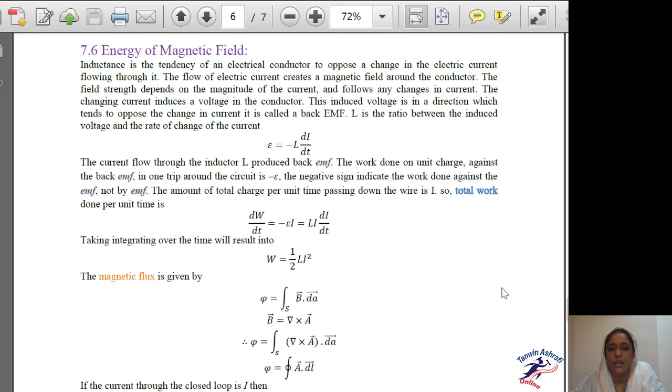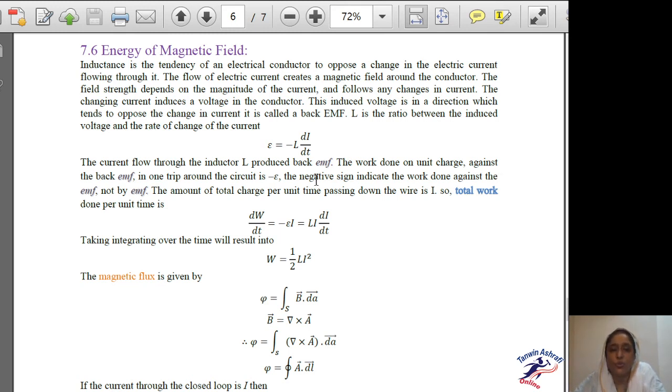Let L, the inductance, be the ratio between the induced voltage and the rate of change of current. That is, E is equal to minus L dI by dt. The current flowing through the inductor L produces the back EMF. Work done on a unit charge against the back EMF in one trip of the circuit is minus E. The negative sign indicates that the work is done against the EMF, not by the EMF.